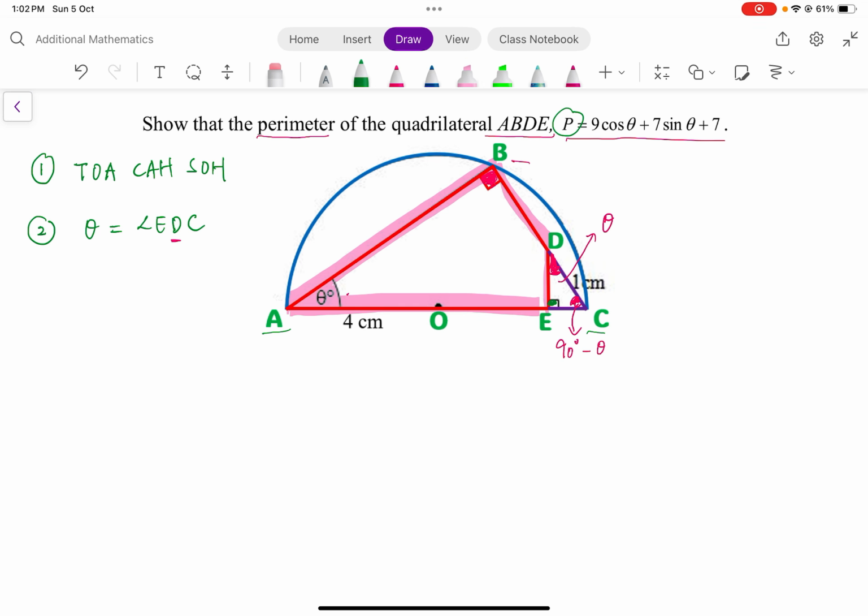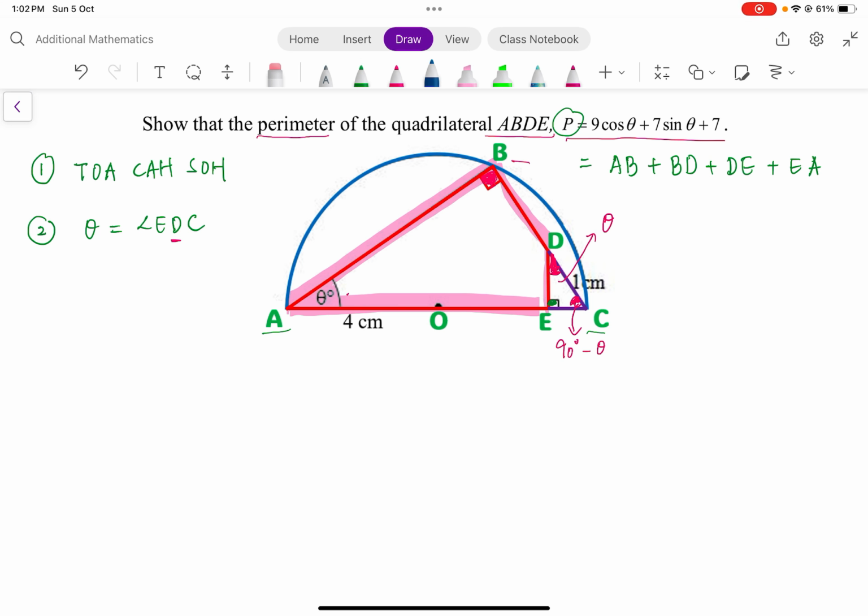So let me write this down. To find perimeter P, this will be equal to the length AB plus BD plus DE, and the last one is plus EA. If I'm able to find the length of all these, I will be able to prove for P. So let's move on and start solving one at a time.